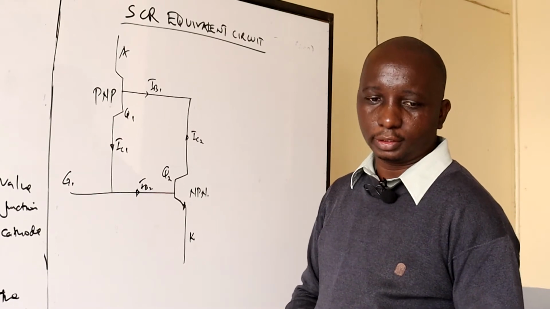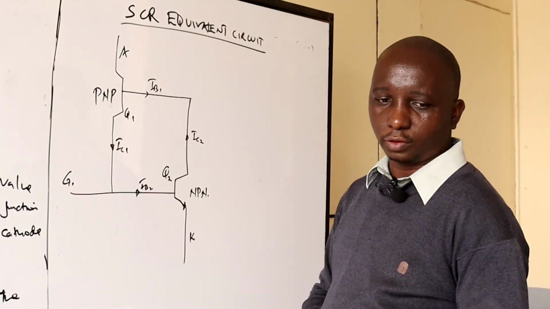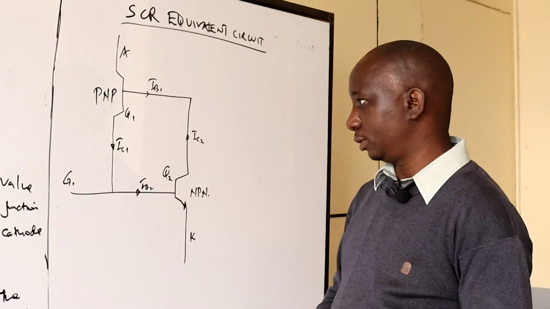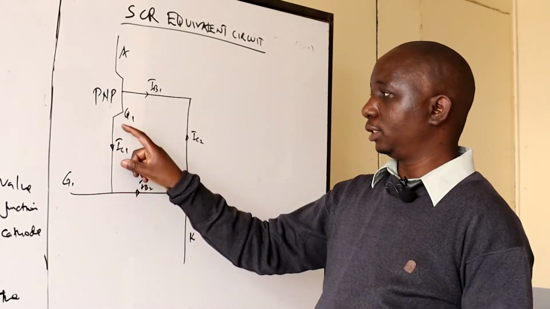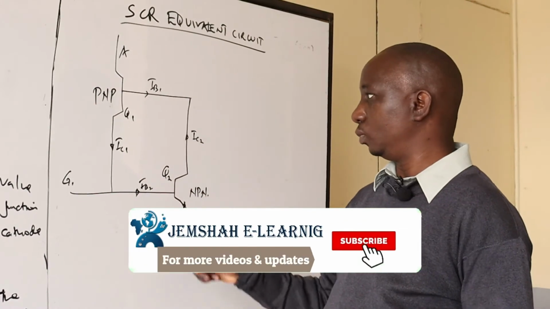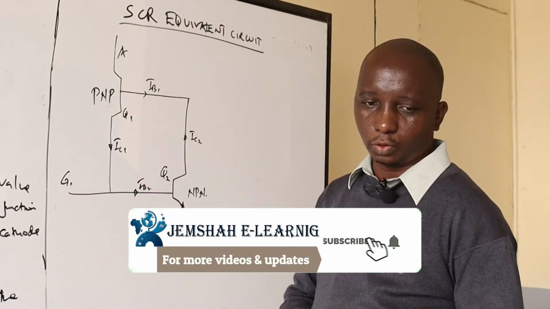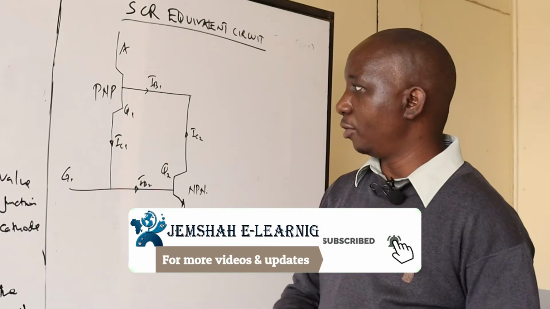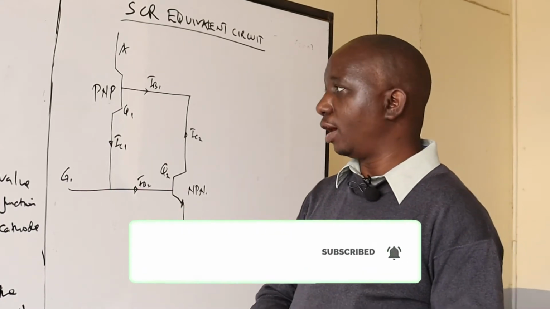When you look at this, the collector which produces IC1 is connected to the base of the other transistor, and the collector which produces IC2 is connected to the base of the first. So the collector of each transistor is connected to the base of the other.